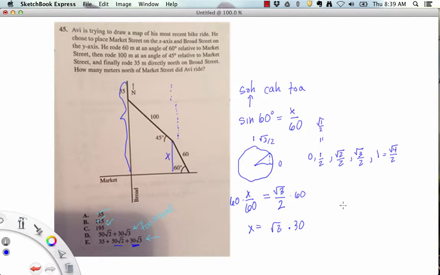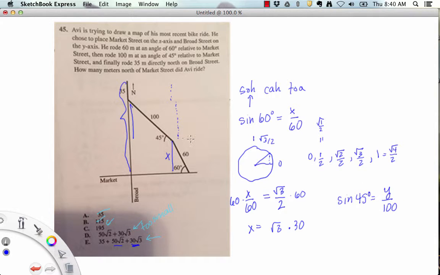Okay, so now we want to know this distance. I'm guessing it's going to work out the same, so that 50 times the square root of 2, because 45 degrees is going to be the square root of 2. But let's set it up just to be sure. So the sine of 45 degrees is going to be this distance that we want to know divided by the hypotenuse, which is 100 this time.